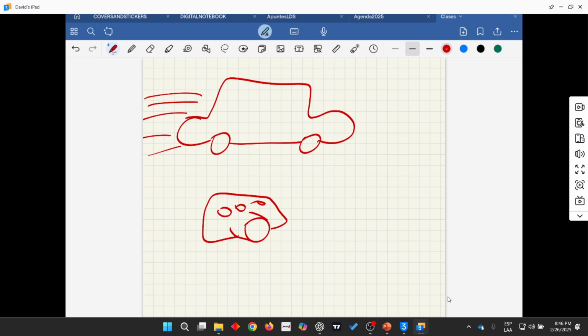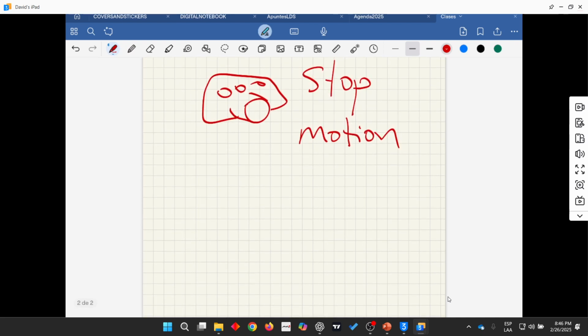Let's suppose that you are making a stop motion video. So the more drawings you have for the movements of, in this moment, let's suppose a character.